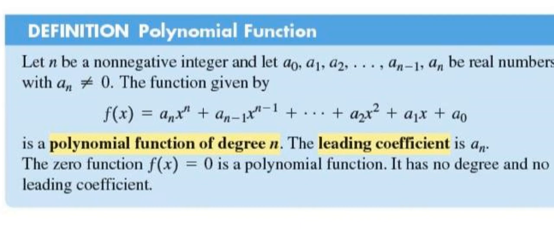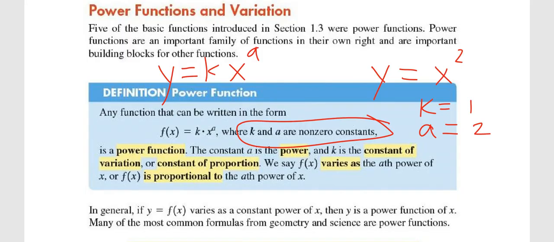They have to be what? Non-negative integers. Now, that's specific. We go over here and it just says non-zero constant. Can you think of a number that is not an integer that would be a non-zero constant? 1/2. That's an easy one.